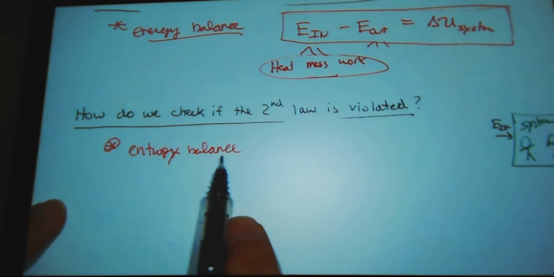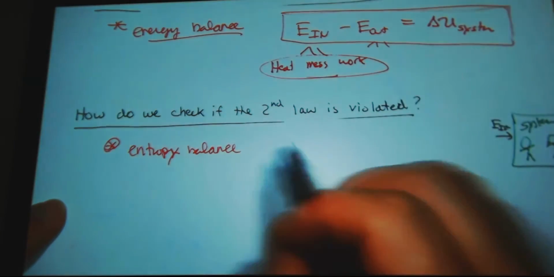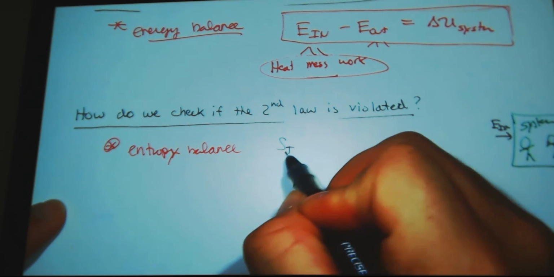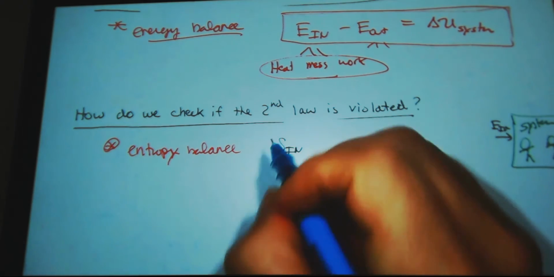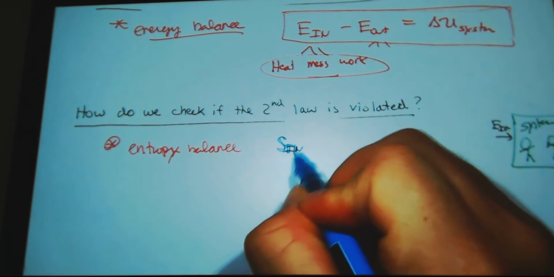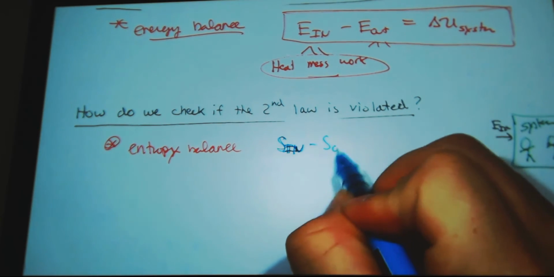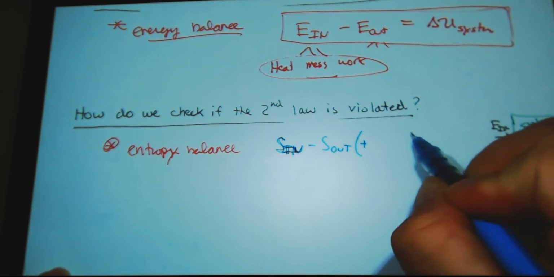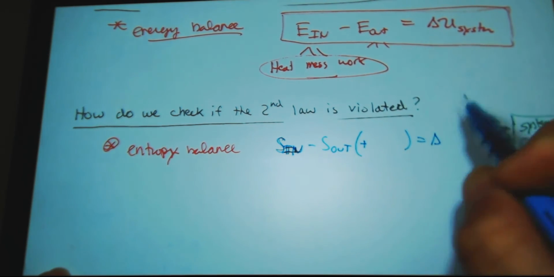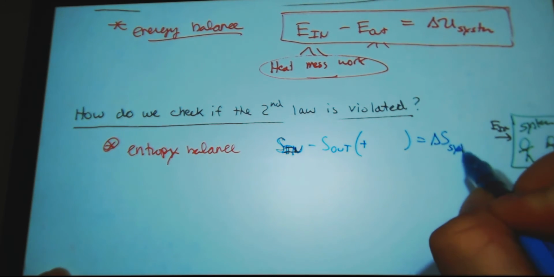So with entropy balance, here I have this expression. Now in entropy balance, I have entropy in minus entropy out. And I have some plus some other term here. Equals the change in entropy of my system.